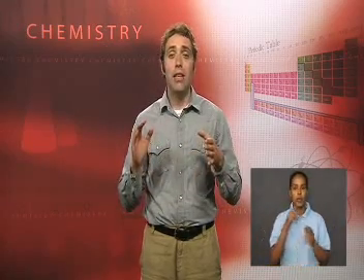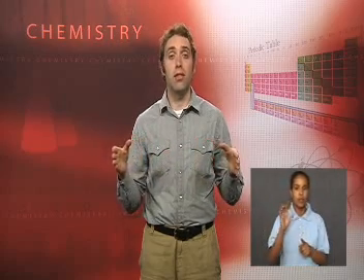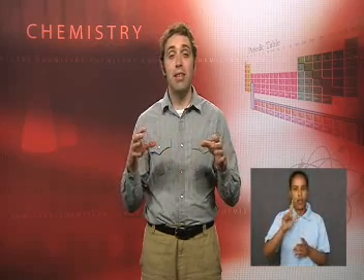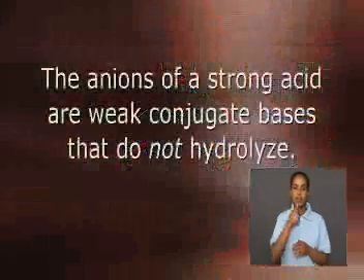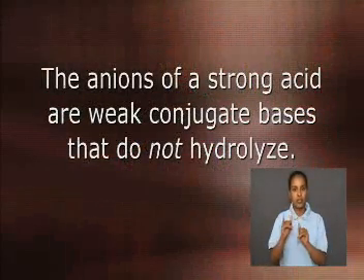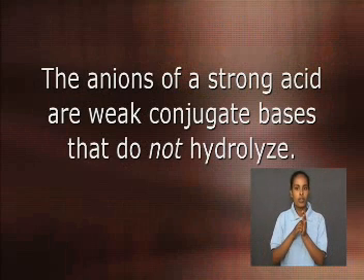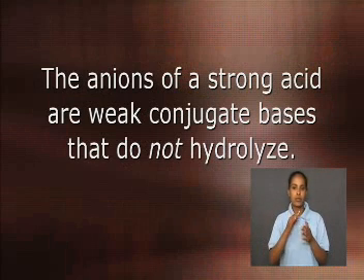We will look at the nature of the solutions of different types of salts. Let us get started. A cation, which is the conjugate acid of a weak base, hydrolyzes as an acid. Due to this, the anions of a strong acid are weak conjugate bases that do not hydrolyze.